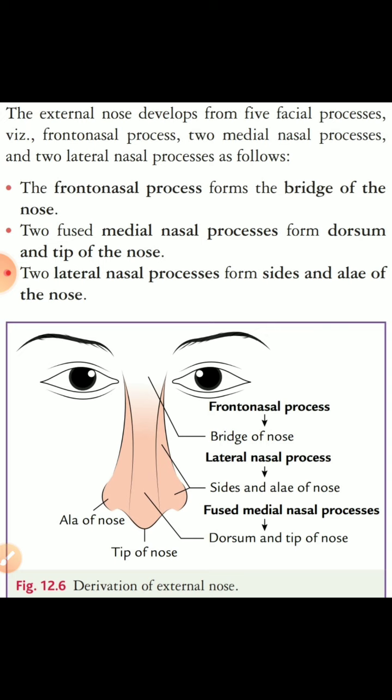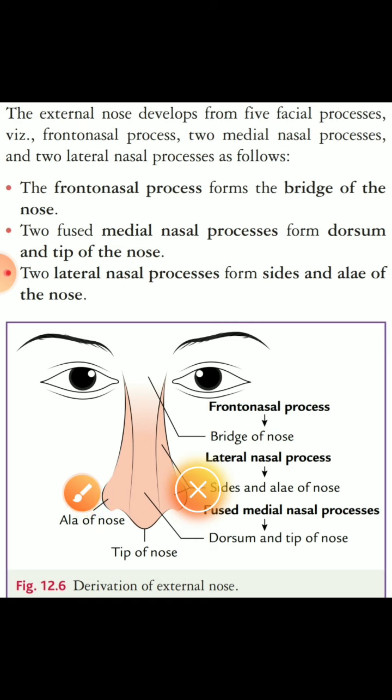Now we'll see how the external nose develops from 5 processes. The frontonasal process forms the bridge of the nose. This is called the nasal bridge. The two fused medial nasal processes form the dorsum and tip of the nose. The lateral nasal processes form the sides and ala of the nose.